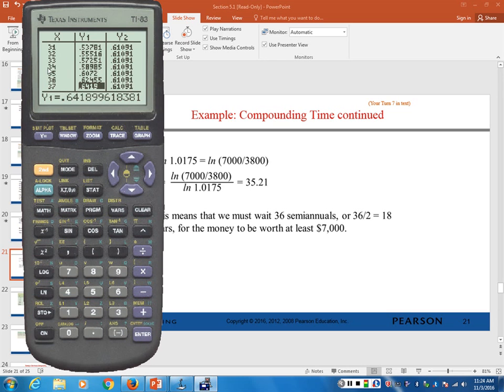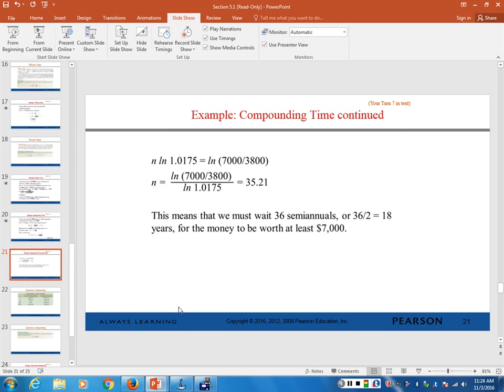Okay, so we actually crossed over between here and here. So that says between 35 and 36, so we're going to say that it happened at 36. Okay? So lots of different ways you can do that. The arithmetic's not bad as long as you don't let the natural logs bother you.